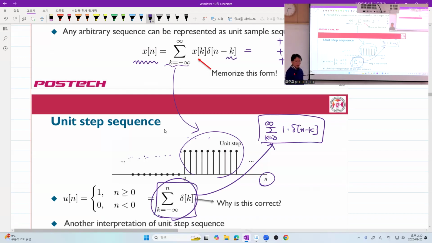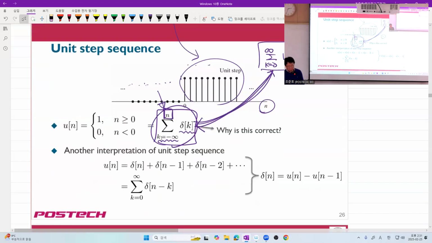And you may wonder, is it really? But just plug in n less than 0. What happens? For k negative, it's all zeros, right? And at n equals 0, it becomes 1. So whenever you have confusion, just plug in, as you did as an elementary school student. And the equivalence of these two can be easily explained after we study the convolution.